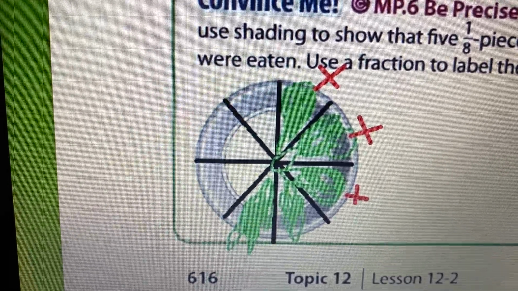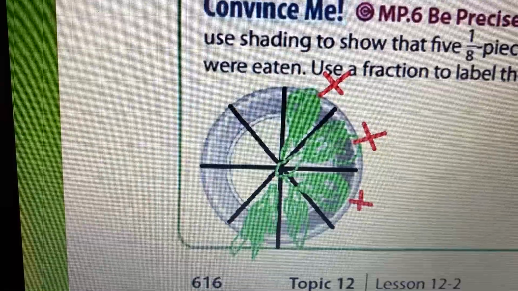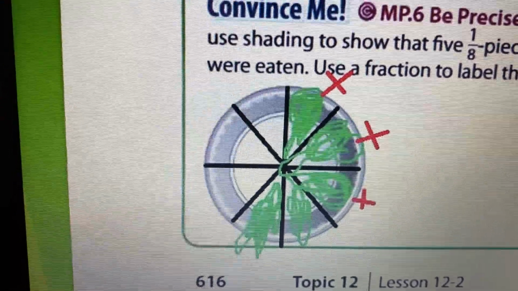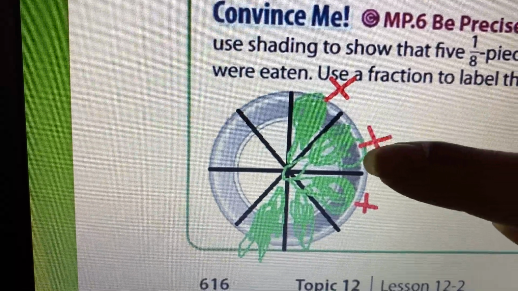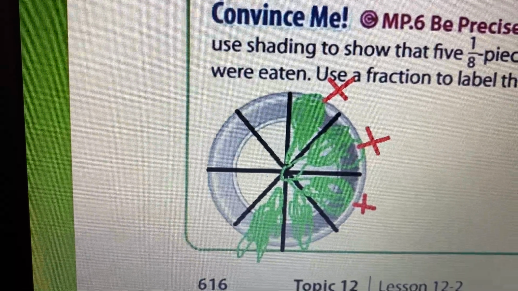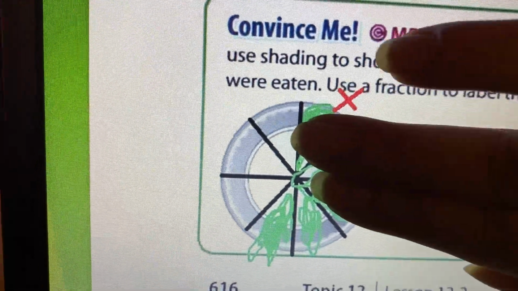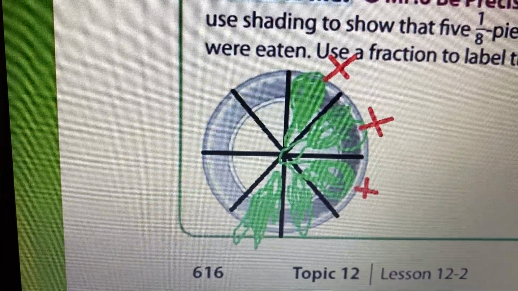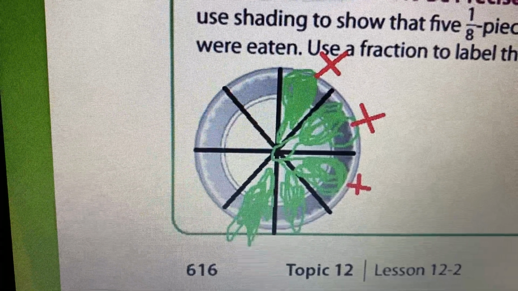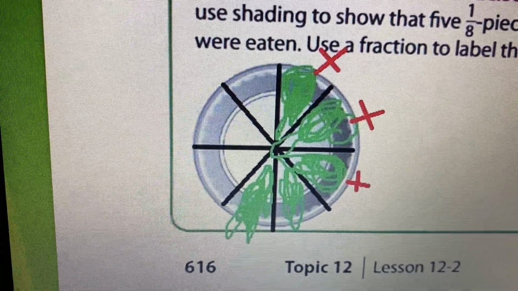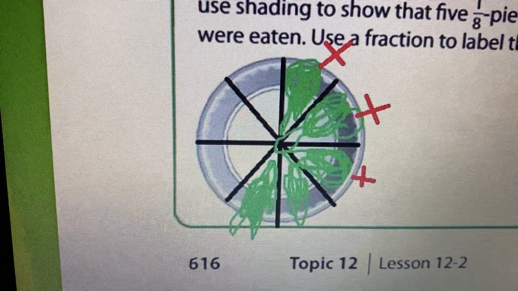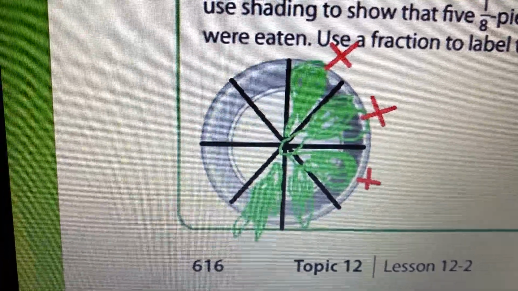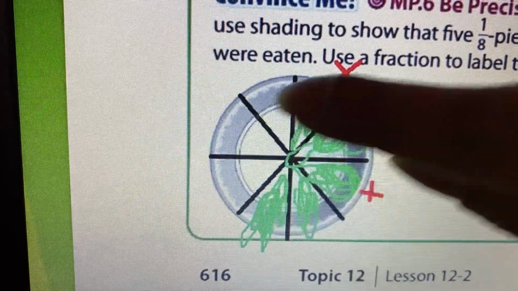Then the question said 3 1/8 pieces were eaten, so I took away 3. 5 minus 3 equals 2. So I have 2/8. 2 over the total 8.